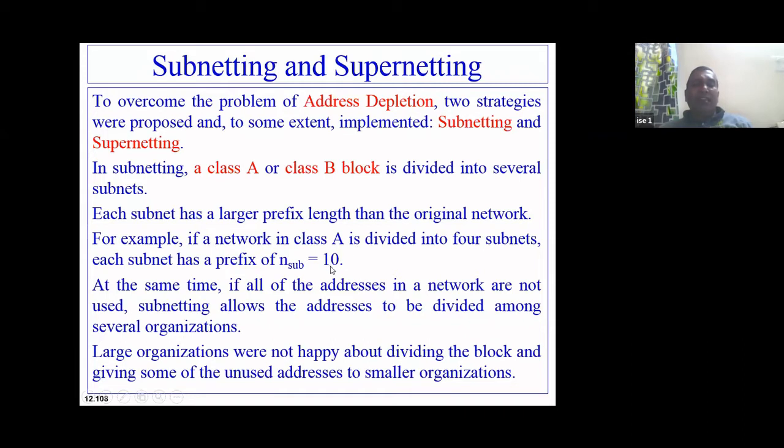And if all the addresses in a network are not used, subnetting will allow the addresses to be divided amongst several organizations. But the organizations which had these main addresses were not happy dividing their addresses. So this was the biggest problem.